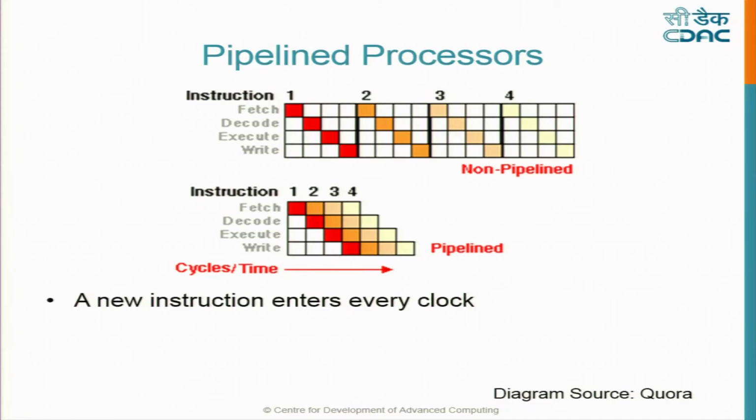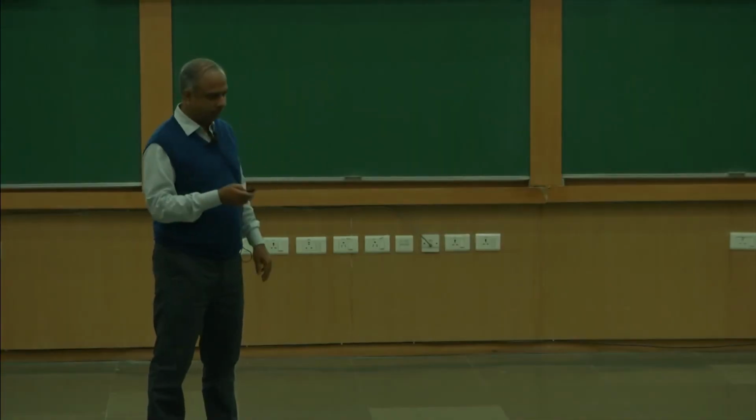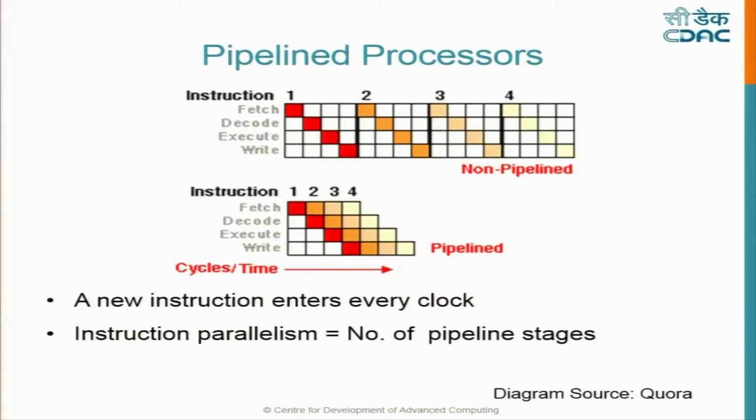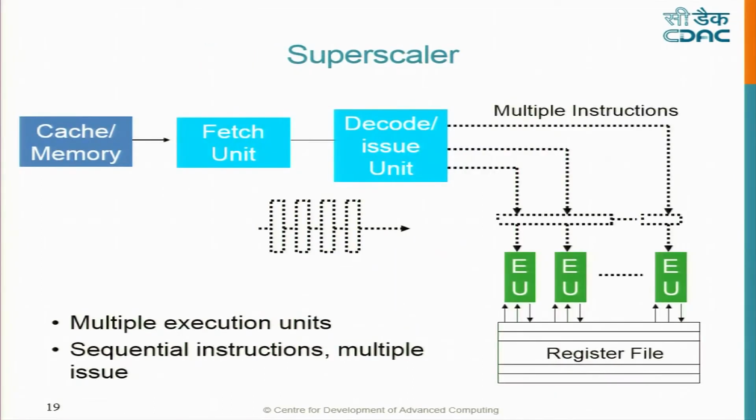Now the bubble in the pipeline will come if there is a branch instruction. Today, every processor is pipelined, but now it's not 4 stages but 10, 12, whatever the case may be. Okay?